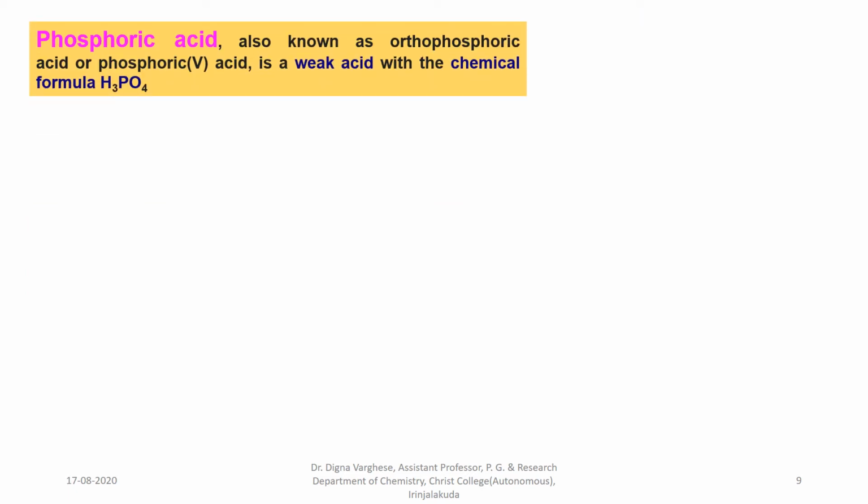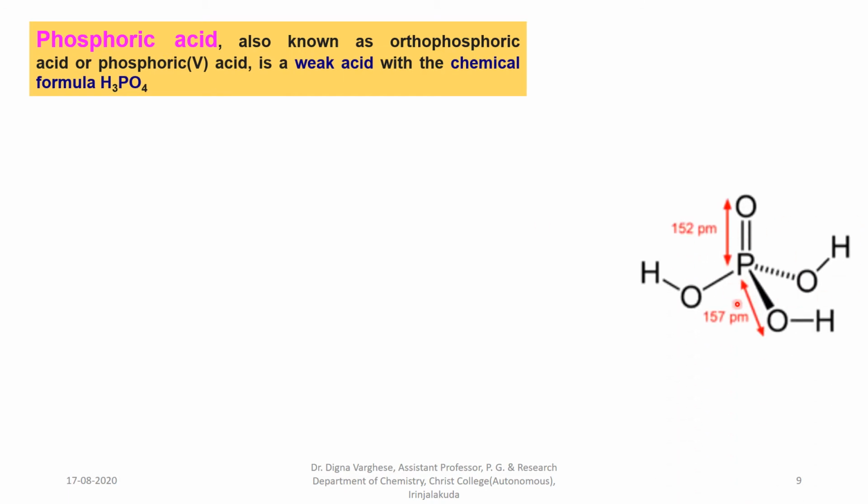Next one is phosphoric acid, which is also known as orthophosphoric acid, in which the phosphorus atom is in the +5 oxidation state. It's a weak acid with the chemical formula H3PO4, in which the 3 hydrogens can be ionized in water.